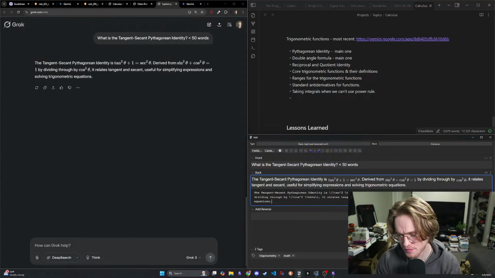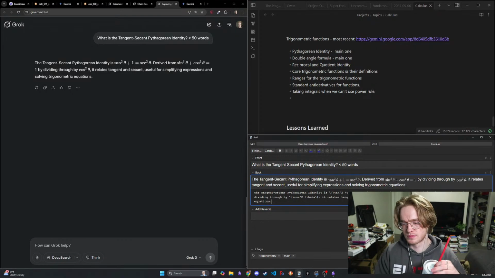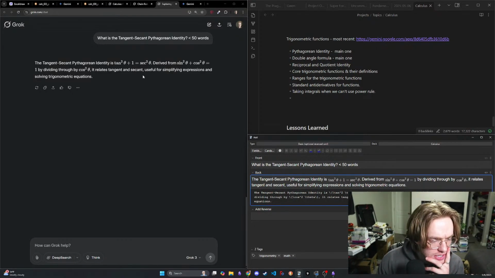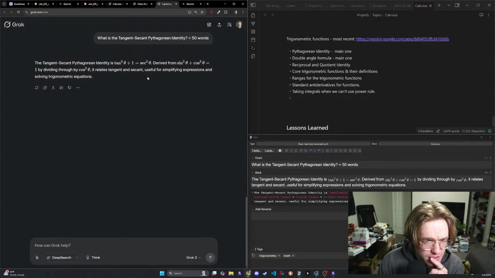Okay, the tangent secant Pythagorean identity is tan squared theta plus 1 equals secant squared theta, derived. Yep. Okay.